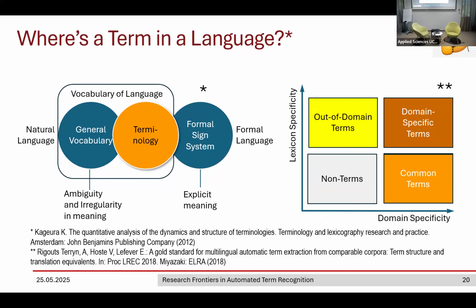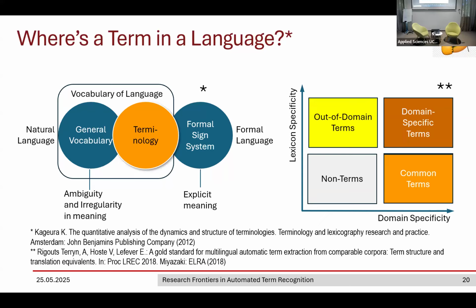On the other hand, terminologies extend out of the vocabulary and overlap with the formal sign systems, like expressions in a formal language. For example, in the knowledge specification language.